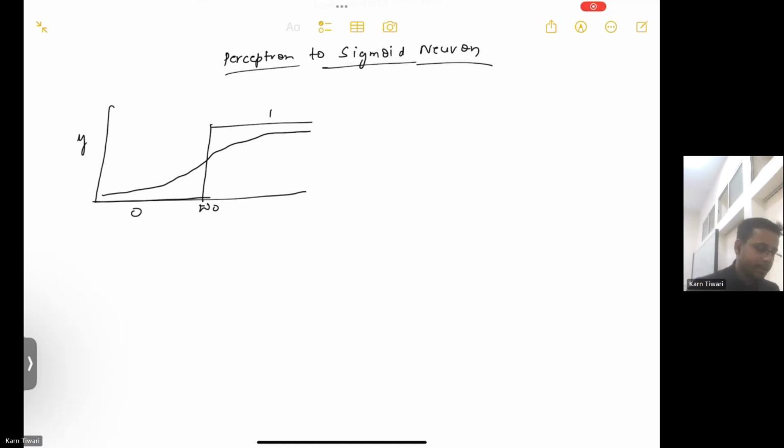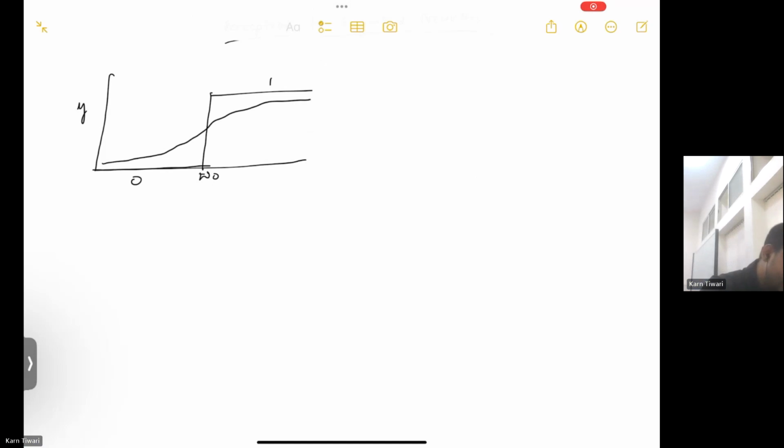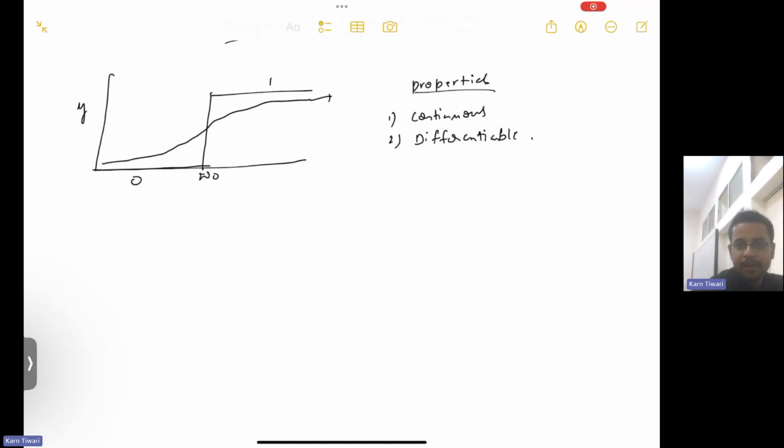Okay. This function basically has these properties. If you see, it's firstly continuous, secondly differentiable. Okay, that's what we wanted basically.